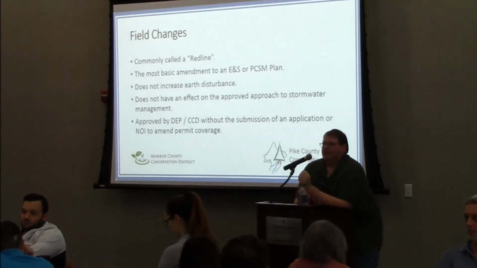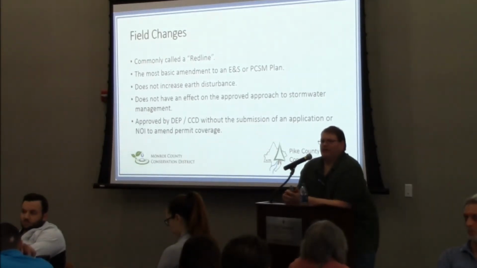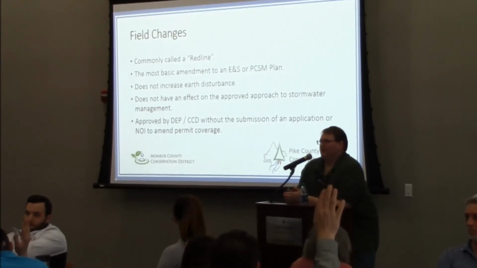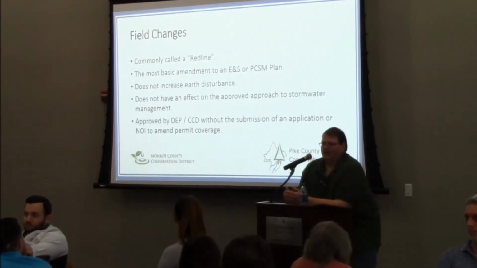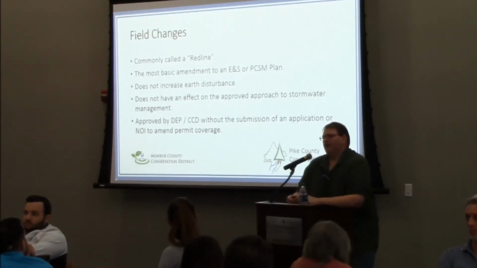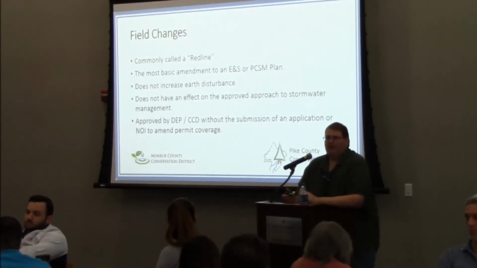So field changes. Who here has gotten a field change on a project? Just about everybody. They're pretty common. They're also referred to as red lines, and you'll see why in just a little bit. They're really the most basic type of amendment, and you can amend an ENS or a PCSM plan with a red line plan amendment.